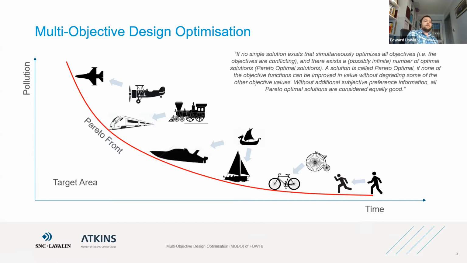and any design, whether it's a bike or a boat or a train, that is optimal will sit on that line. So it's the furthest you can go to optimizing your design, and that's really what we're trying to push towards.